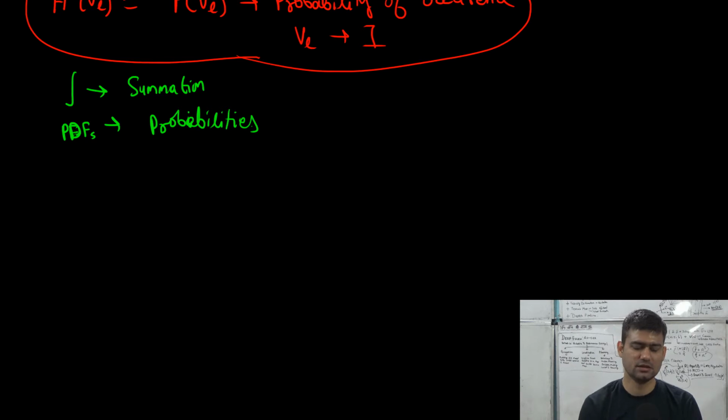So now the transformation function for the histogram equalization is simply T of V_L, which is simply the sum over all i equal to 0 to L of P of V_i.